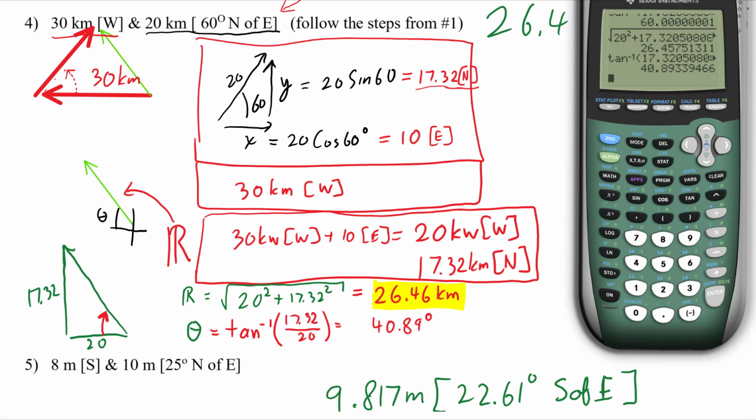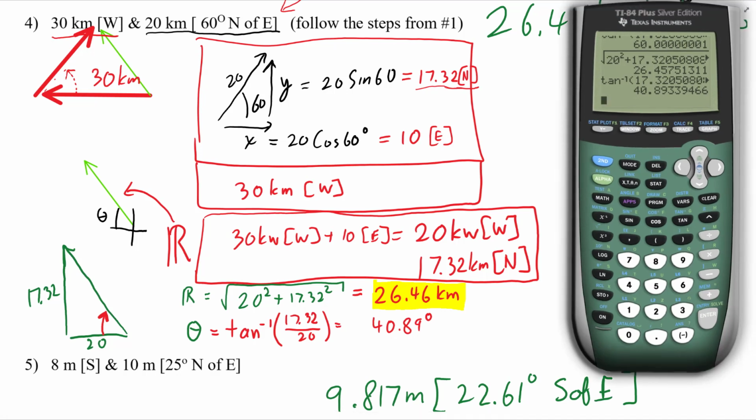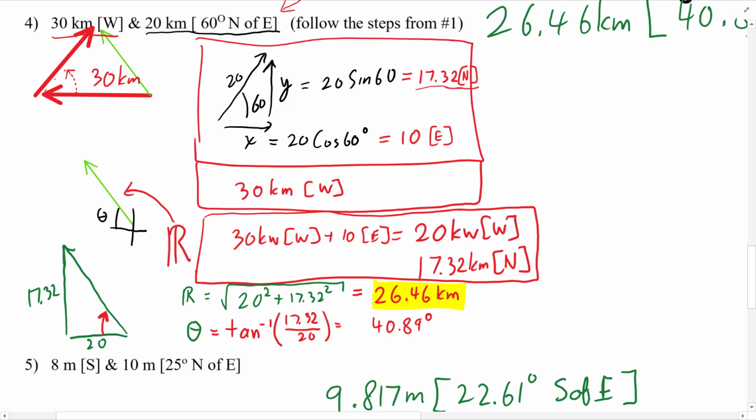So to write down the whole vector, let's get rid of the calculator. The resultant vector, and I'll do it in green, is 26.46 kilometers at an angle of 40.89 degrees.